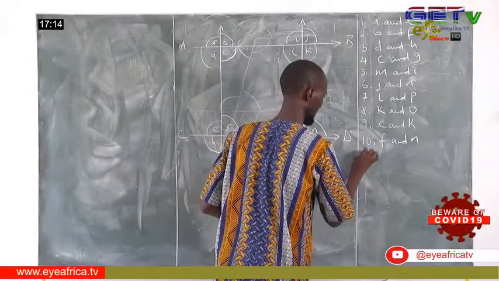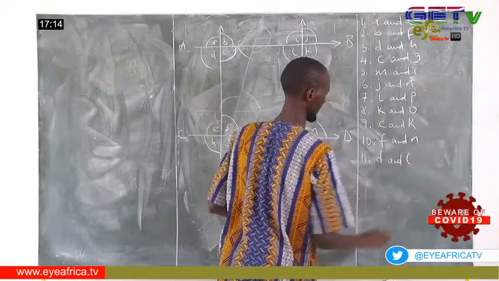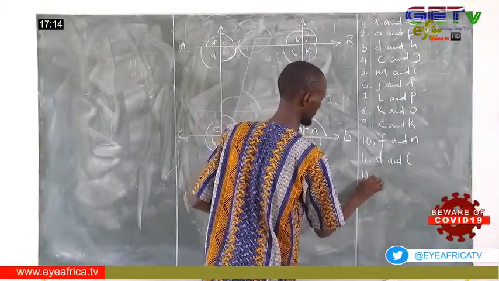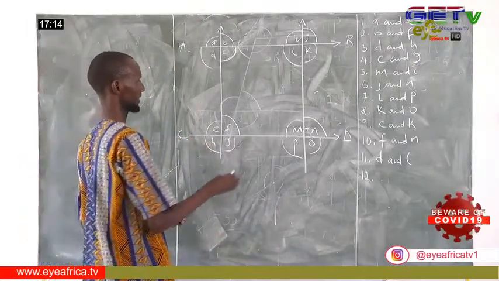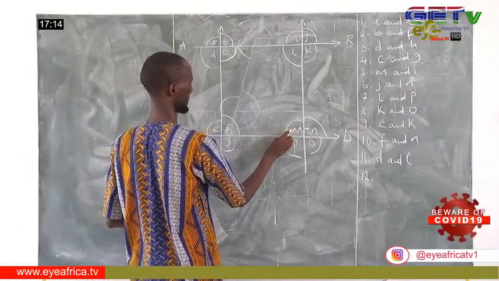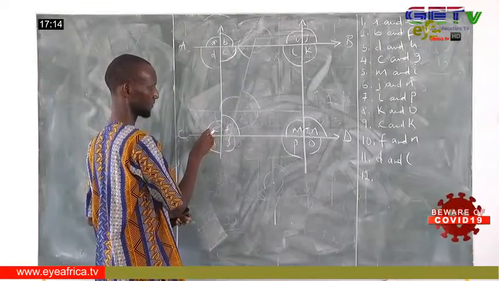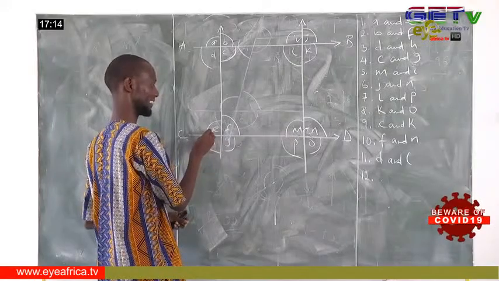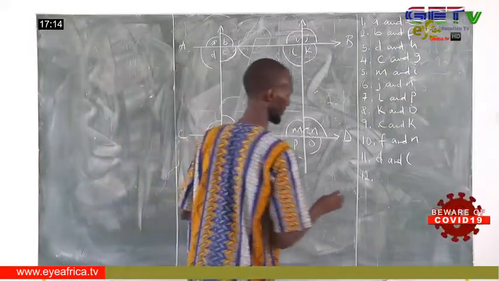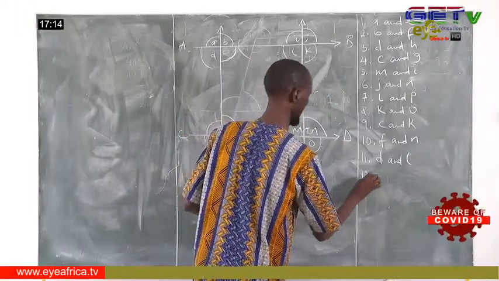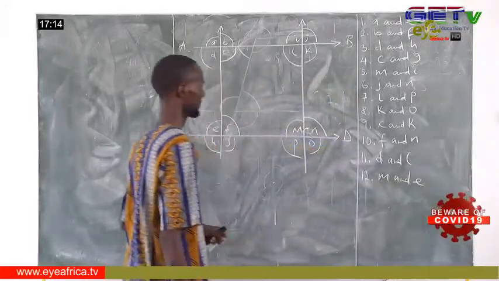So we can say number 11, D and L. Number 12, if we check, M is inside, E is outside, and they are on the same side, so they also are corresponding. So you can say M and E.